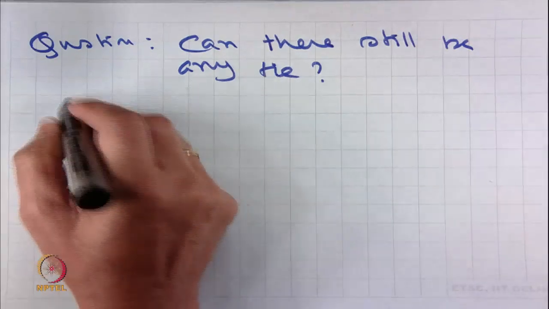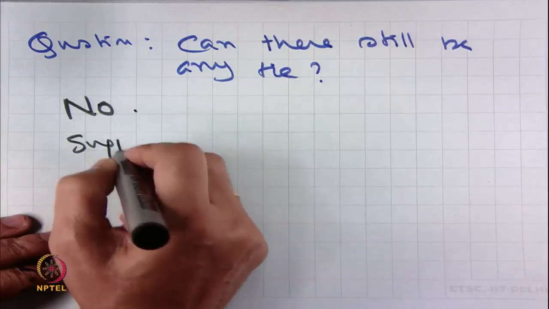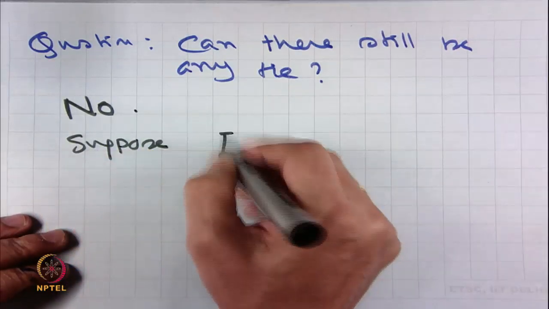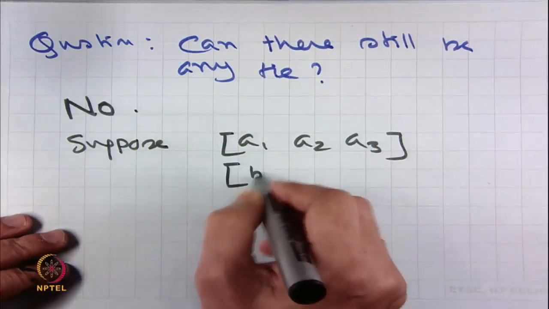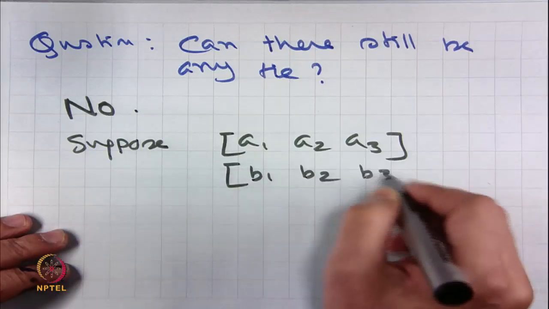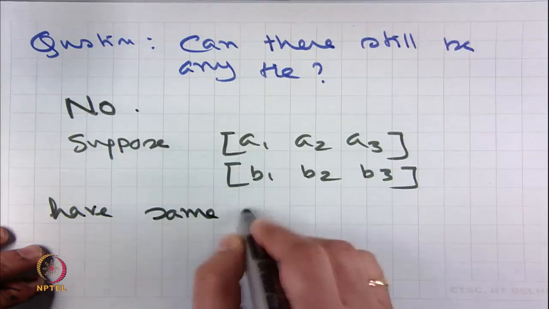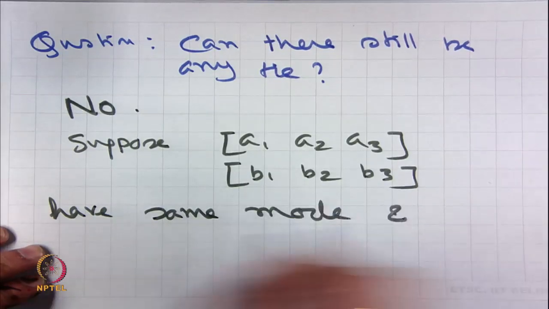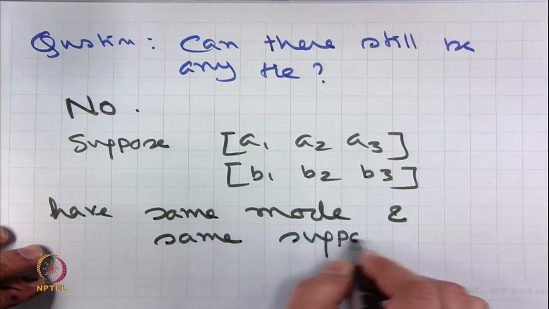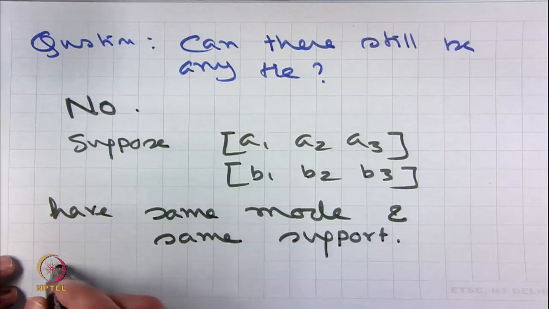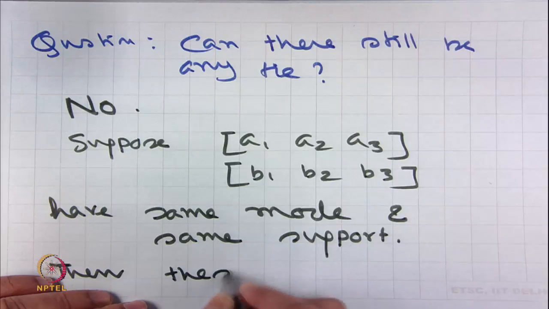Answer is no. Suppose A1, A2, A3 and B1, B2, B3 have same mode and same support, then these are the same numbers.